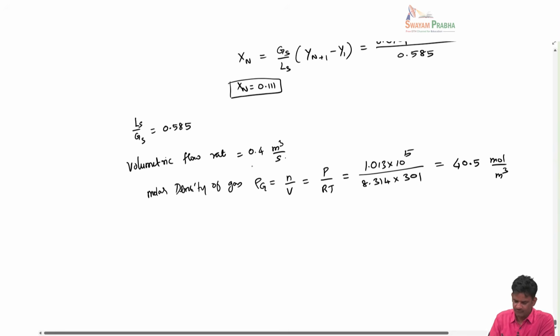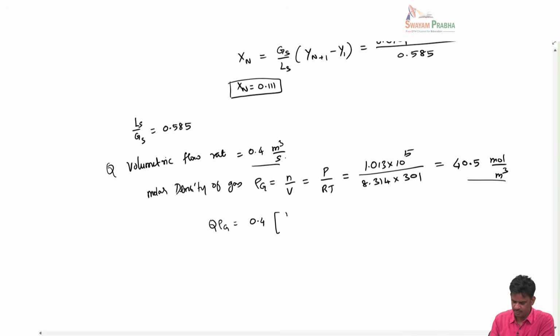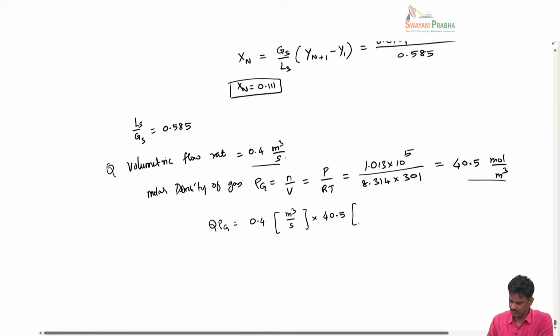So I know the volumetric flow rate and I know the molar density. So if I multiply this Q times rho g, I will get 0.4 meter cube per second into 40.5 in the units of moles per meter cube. I will get something like 16.2 moles per second.